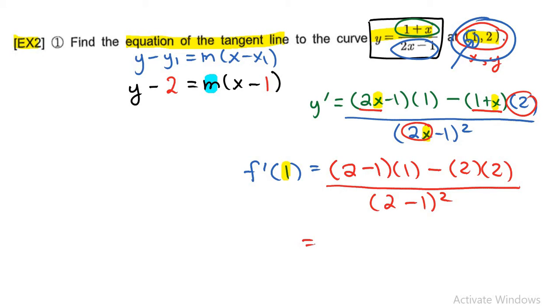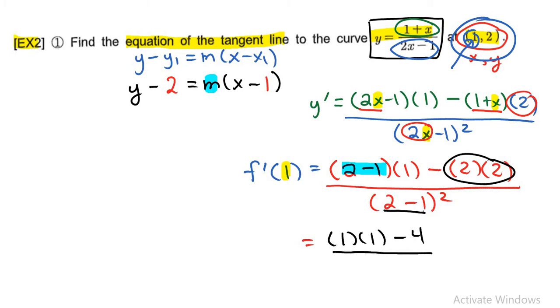So now we can find the derivative value here. Okay, so let's do this very carefully here. 2 minus 1 is just 1. So this is 1 times 1 minus, well, 2 times 2 is 4, all divided by, well, 2 minus 1 on the denominator is 1, and 1 to the power of 2 is 1.